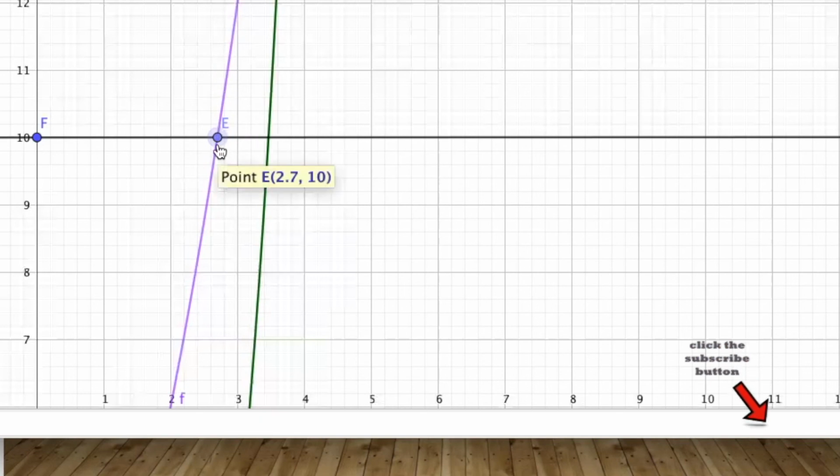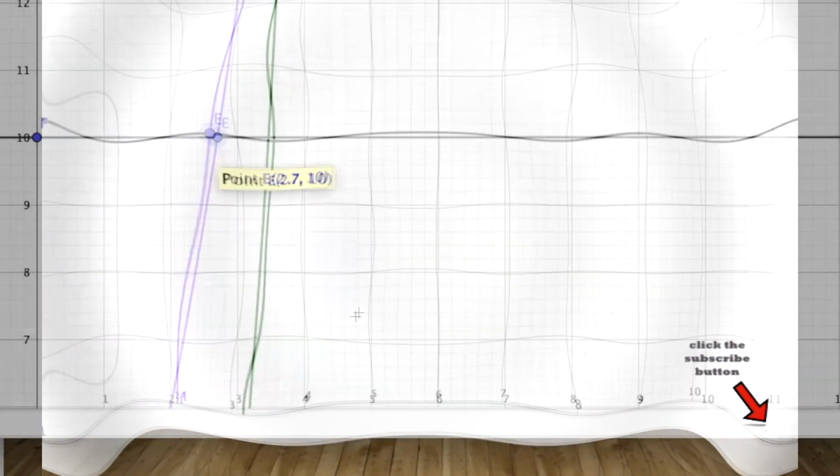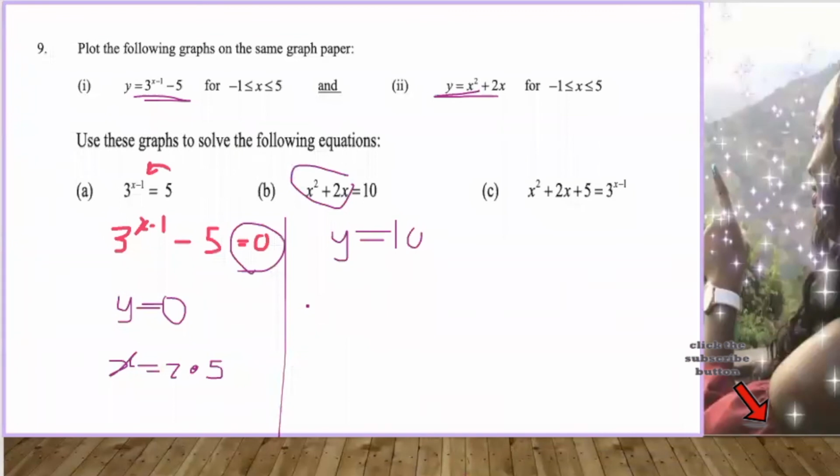So here is where we have the intersection. And as you can see, it's 2.7. So for this, x is equal to 2.7.